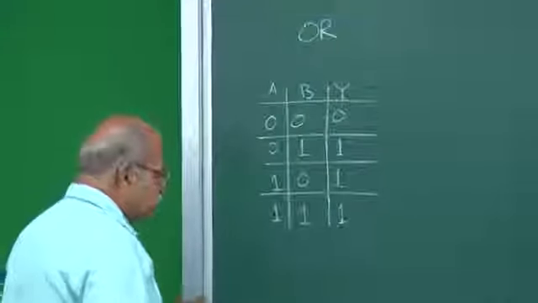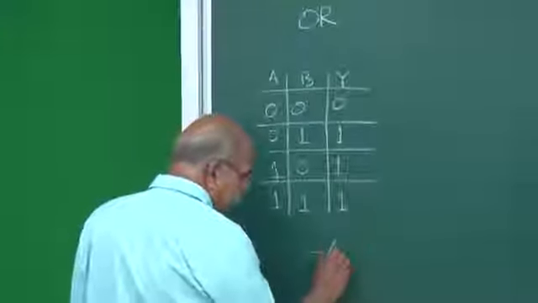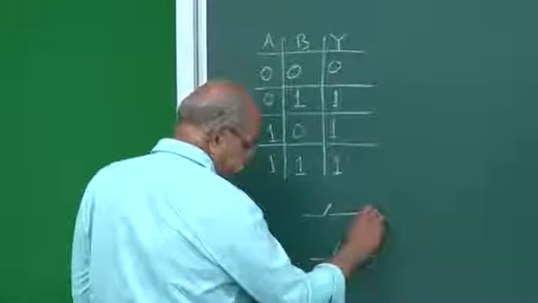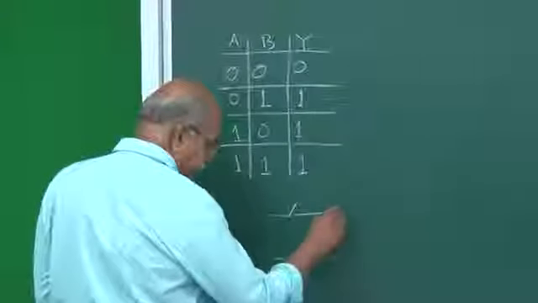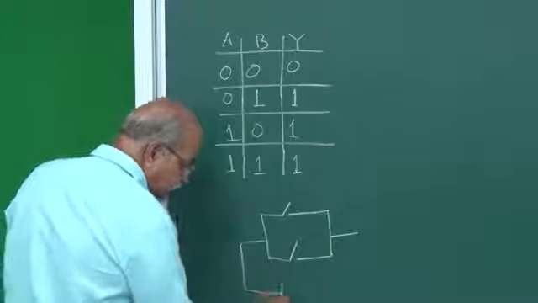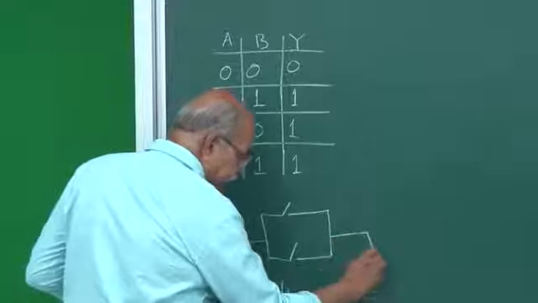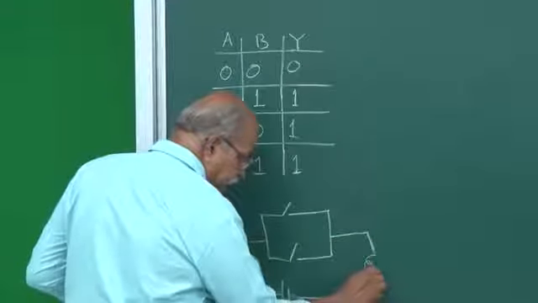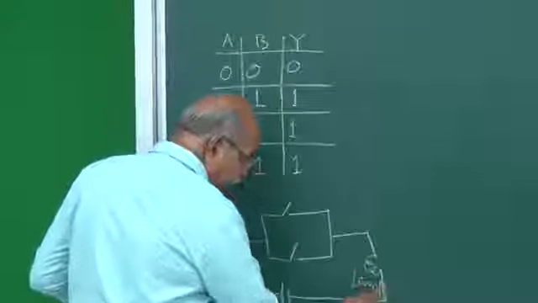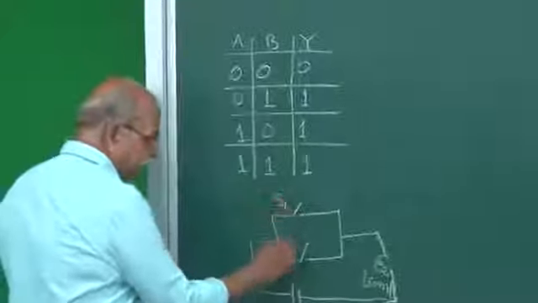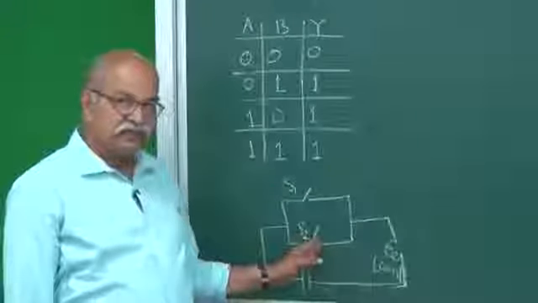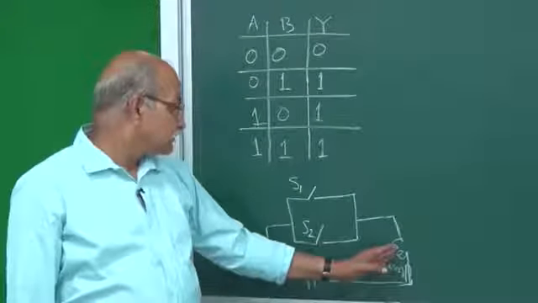If you think of switches, it is like this, and then you have any of these two is on. Here is the power source, and then here is that lamp. So what will happen? If this switch S1 and this switch S2 are both open, then the lamp is off.